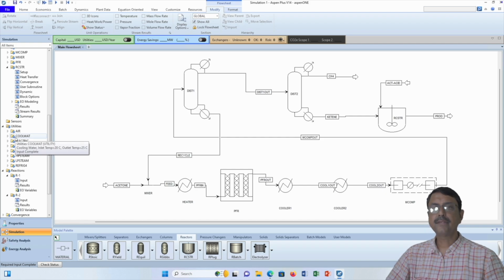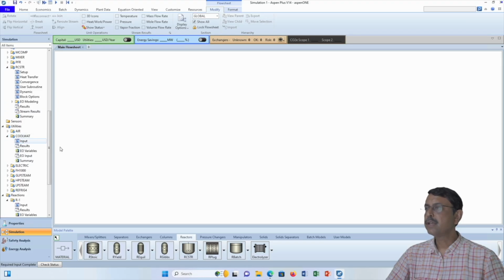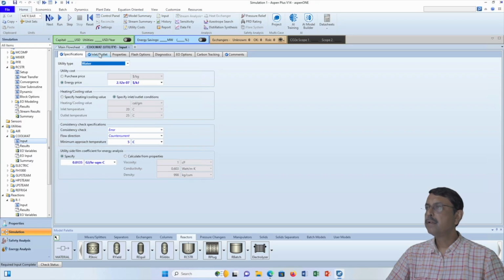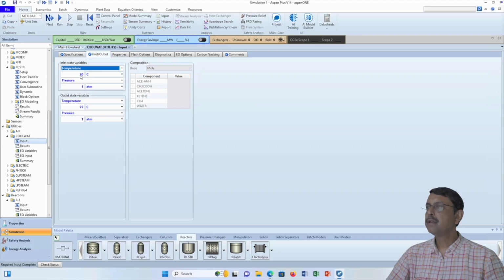Okay, so these are the default values of cooling water inlet and outlet temperature. But in case we want to change the values of cooling water temperature, there is an option over here. We can change it from 20 to 21 or 22, or we can make it 25. This one we can make 30. Okay.